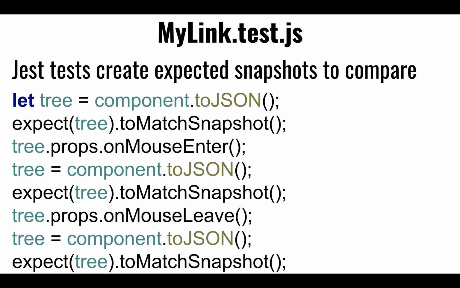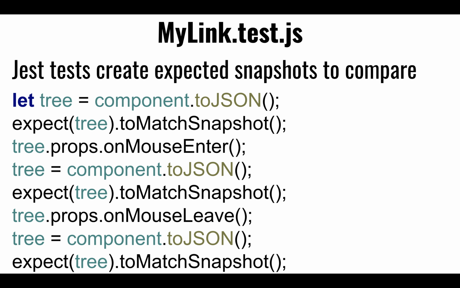Now, obviously, the very first time there is no snapshot, so it won't report anything. It will write into the file what the actual output was, so that next time around, when you rerun this test, it'll compare this new snapshot with the old snapshot and report any discrepancies.